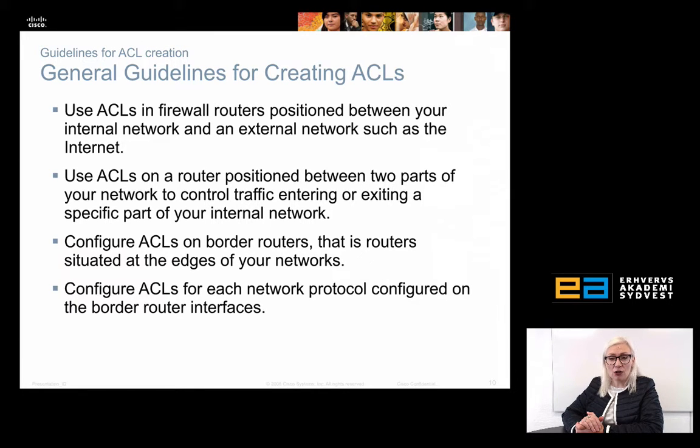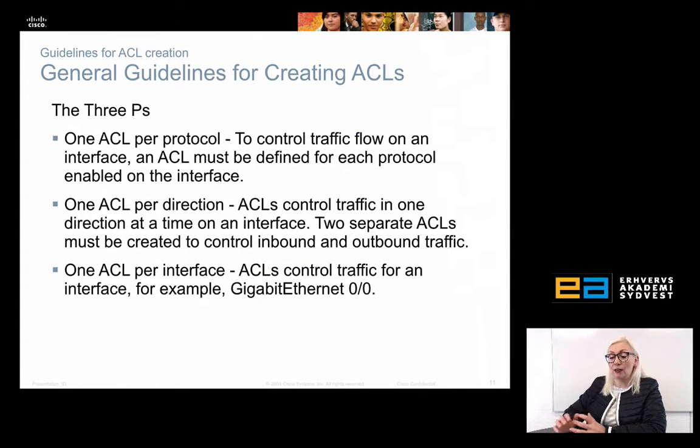If we have a large network where we have multi-area OSPF, we will typically set them on border routers and the edge of our networks. It's a very simple way of setting up a firewall, because you actually go in and say what you would like to allow or not allow in and out of your network. So it's a packet filtering operation.